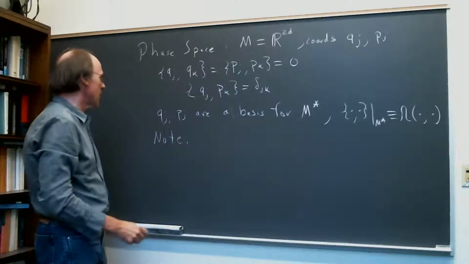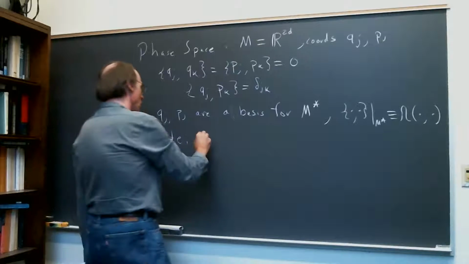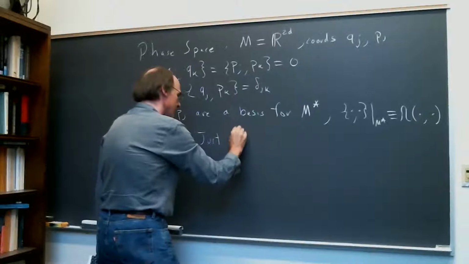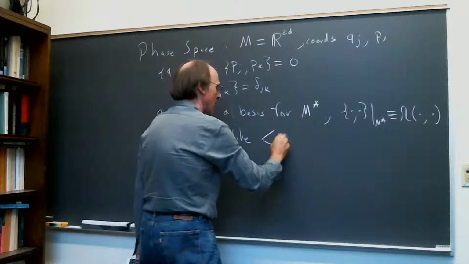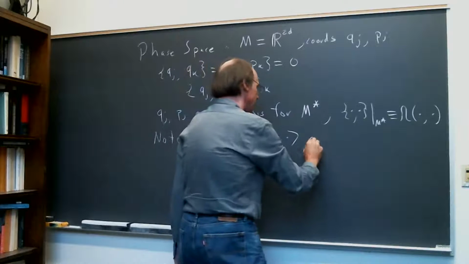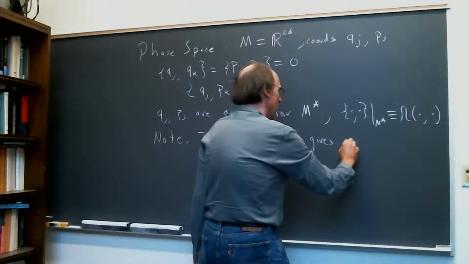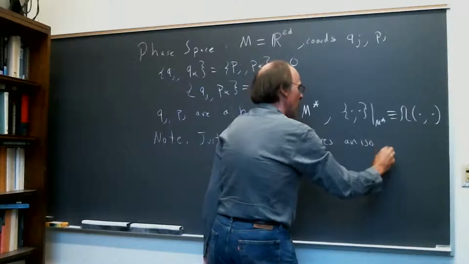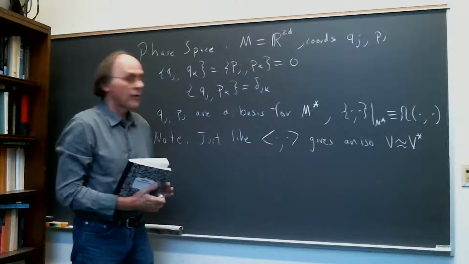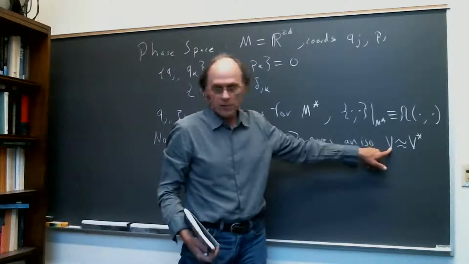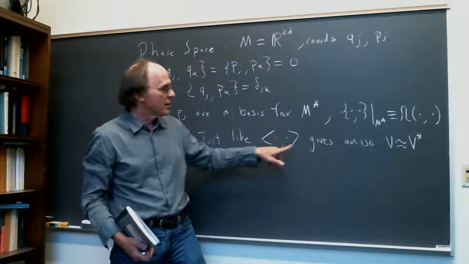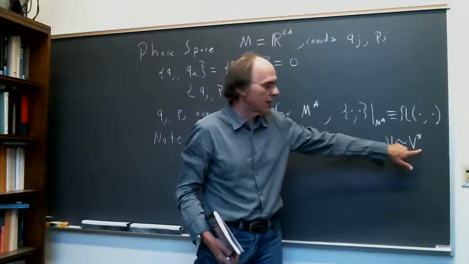Now, just like in the Euclidean case, where the inner product gives an isomorphism between V and its dual: whenever you have a vector space with an inner product, you can use it to get an isomorphism between the vectors and the dual.